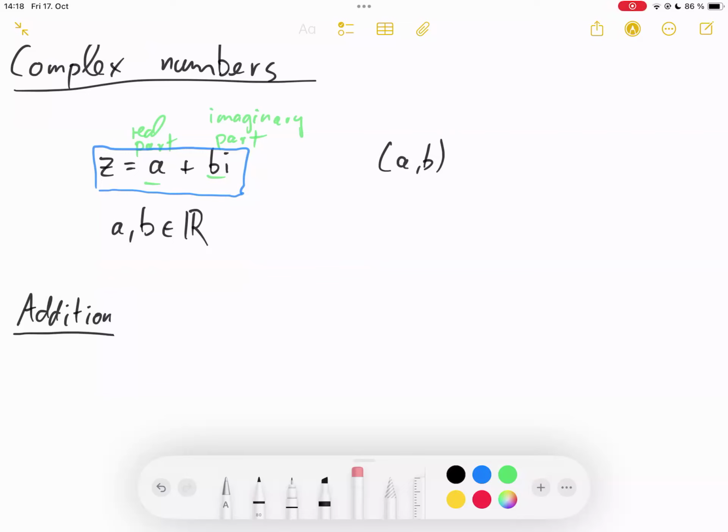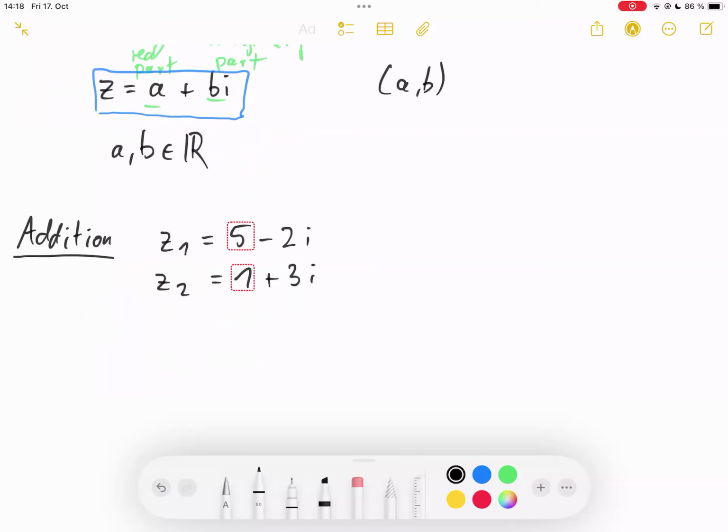We can have, say, our complex number z1, which is 5 minus 2i, and z2 is 1 plus 3i. And I want you to add them, so z1 plus z2.